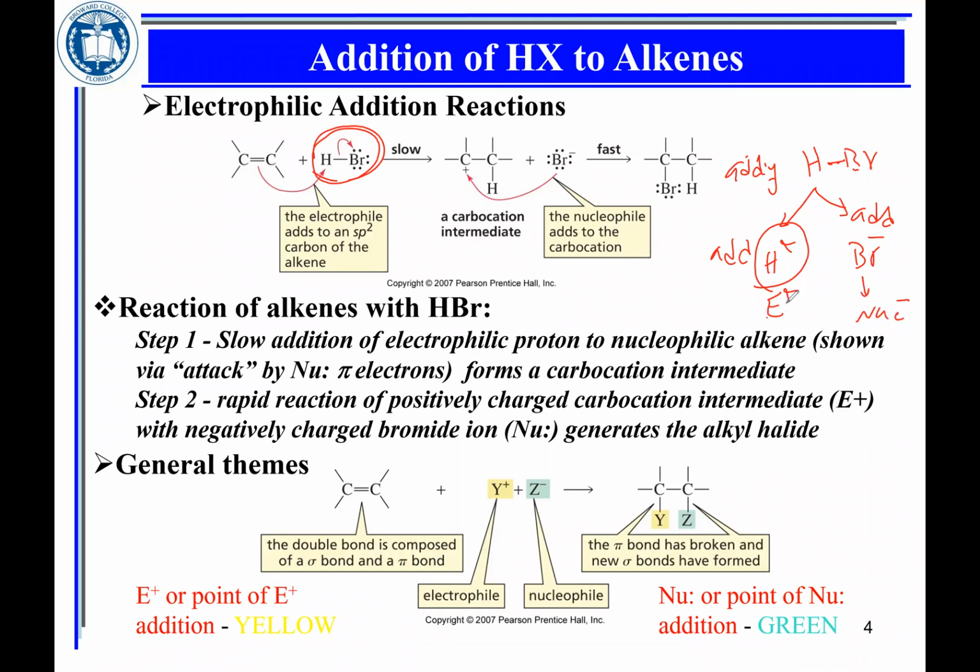Since we have an electrophile and a nucleophile, which one should come in first? The nucleophile? No. If you were to bring in the nucleophile, and you look at this area of the alkene, you have 4 electrons shared between 2 carbons. So this area of the molecule is electron rich.